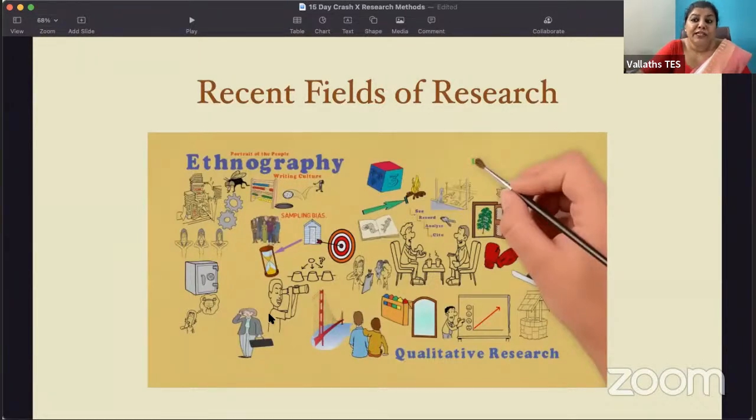And then there is another study where you can do research if you want. It is influence studies. Today, everybody wants to be an influencer. There is something called influence studies. How do you influence other people?